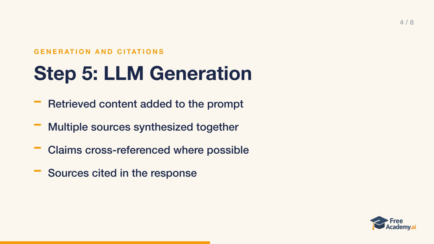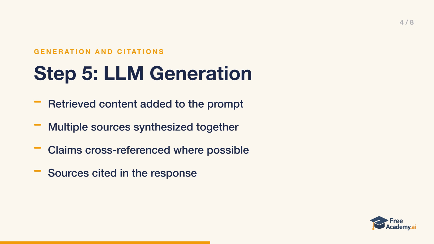The final stage is generation. The retrieved content is added directly into the model's prompt, a step called context integration. Then the language model synthesizes information from multiple sources into one coherent answer. Where possible, claims are cross-referenced across sources for verification. And crucially for us, sources are attributed through citations in the response.